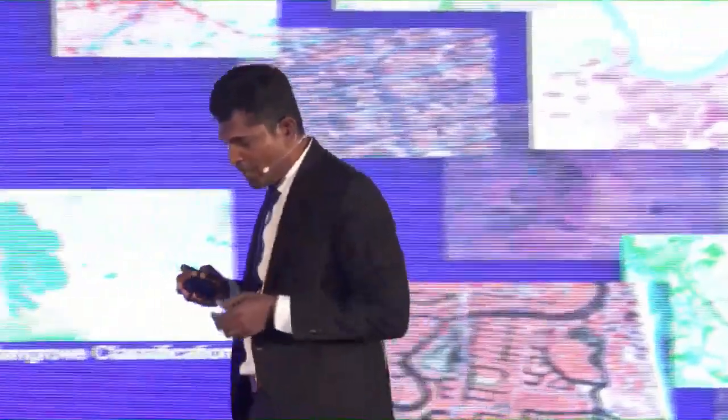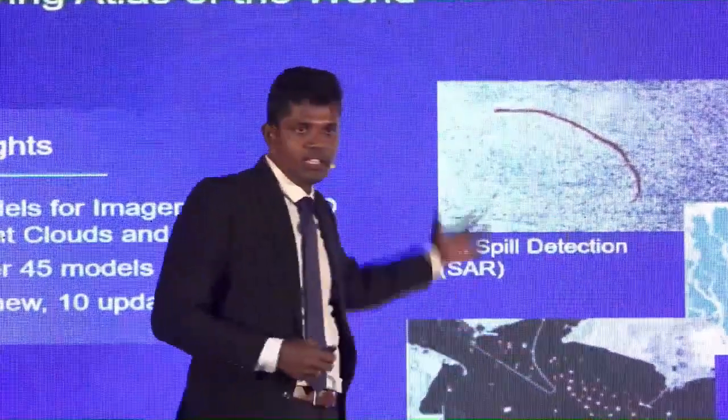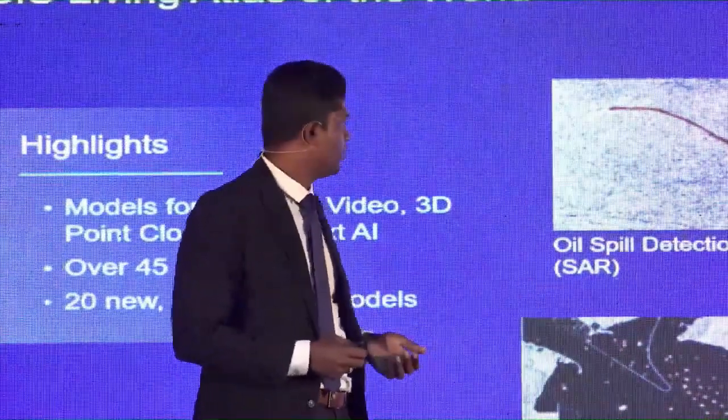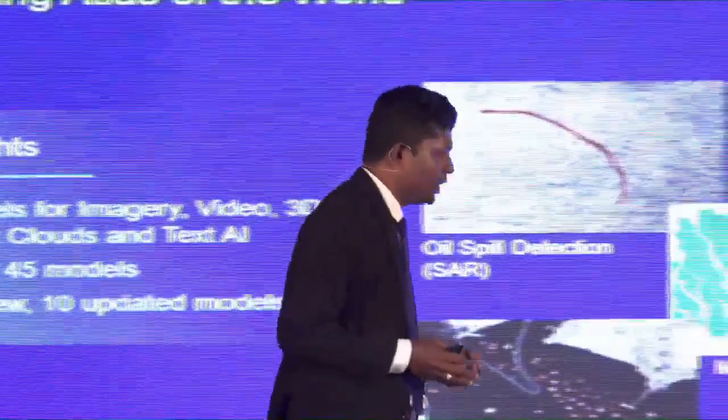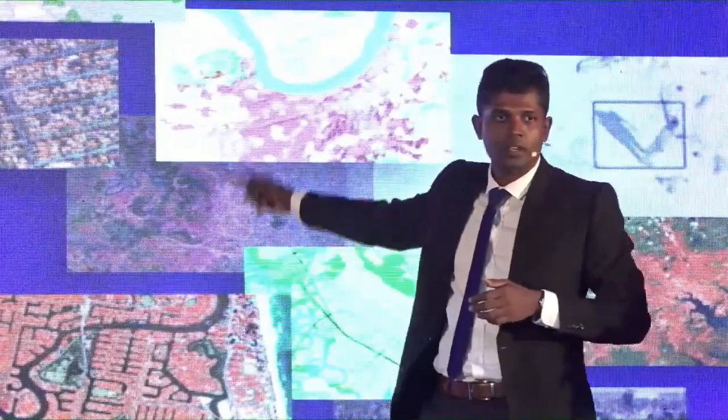I think in the Living Atlas there are over 65 models. I will show them later. We can utilize them according to our requirements. In agriculture also, we can find the boundaries of agricultural areas and the type of crops using these models.